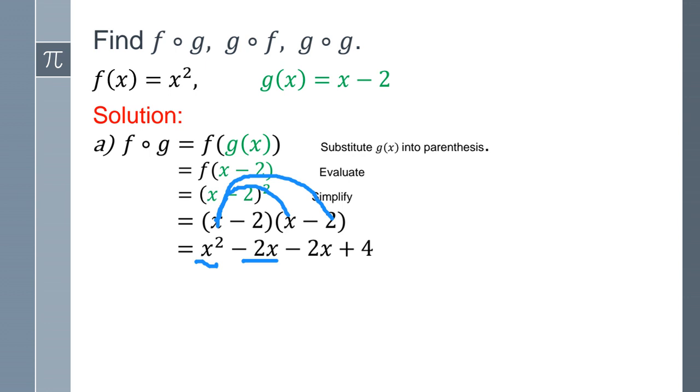Now comes the inner term: negative 2 times x gives me negative 2x, and negative 2 times negative 2 gives us 4. Now we get to combine like terms. These two are like terms. So it's going to give us x squared minus 4x plus 4. That'll be the result.